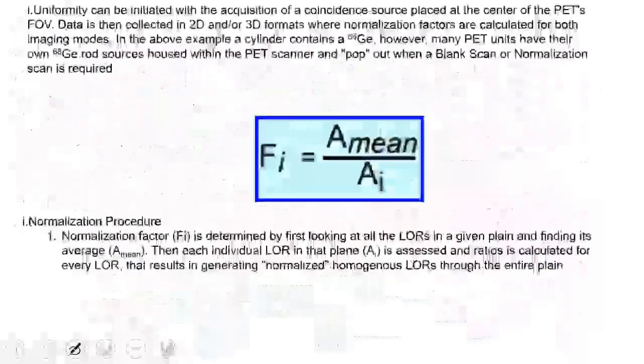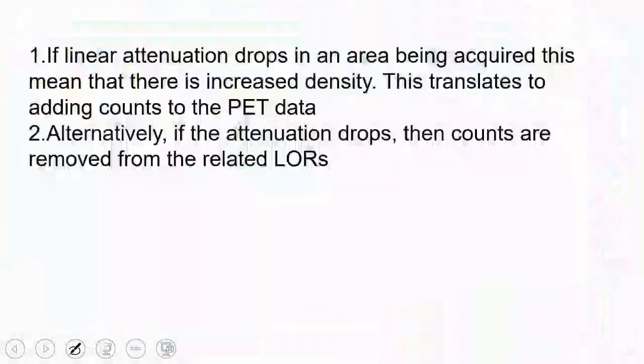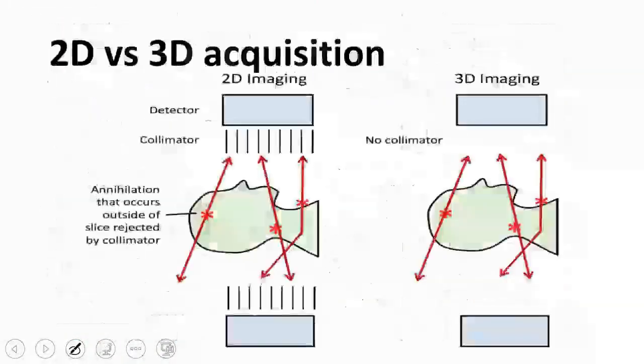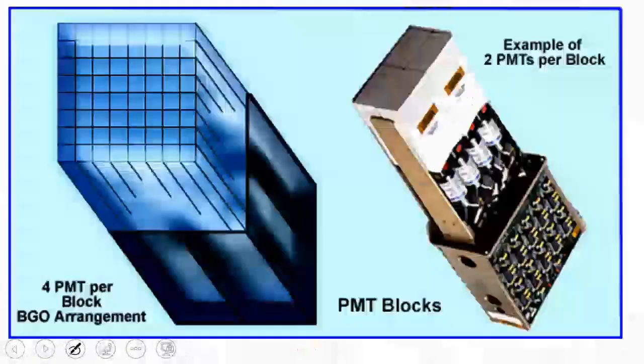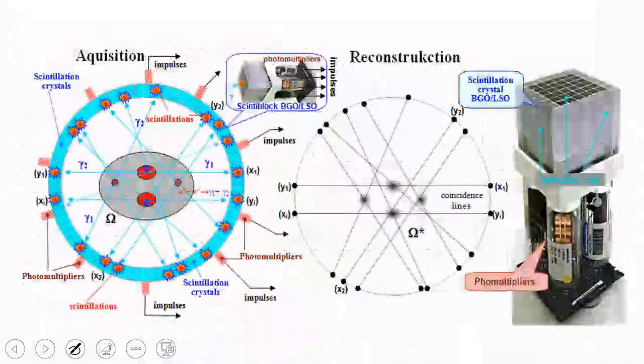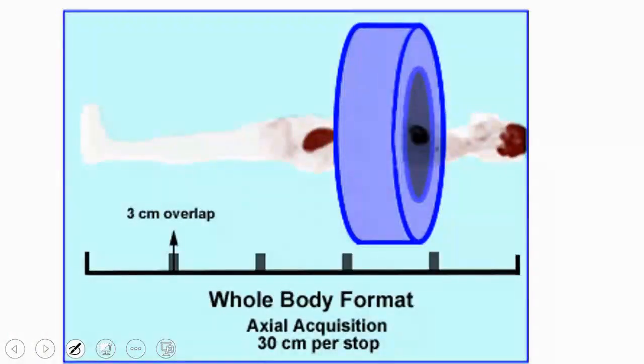So in this view, if we remember, if there is a point source in the middle of the patient, it will have a greater chance of being detected. So its effect will be higher in the patient's center.